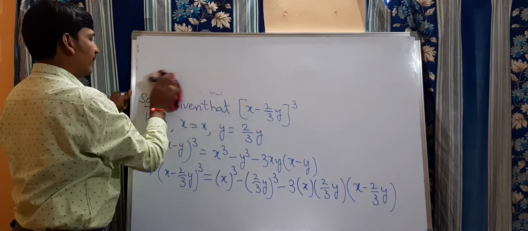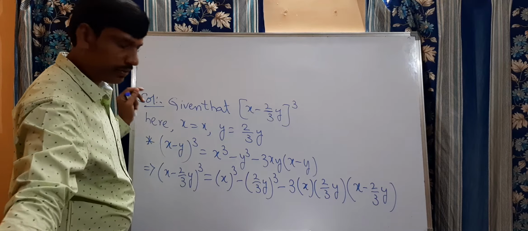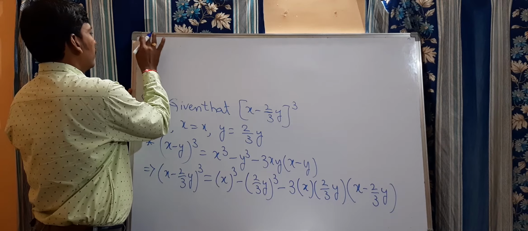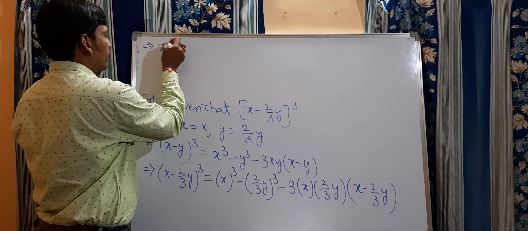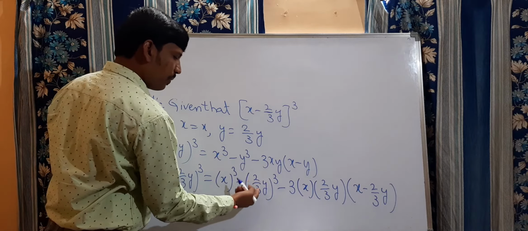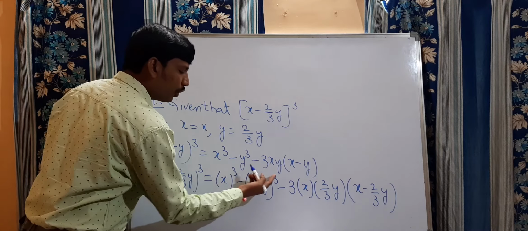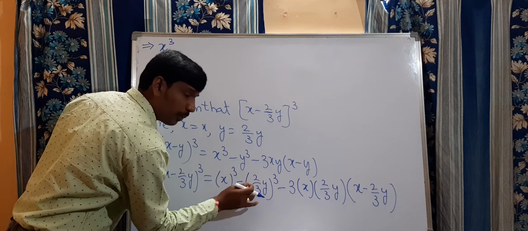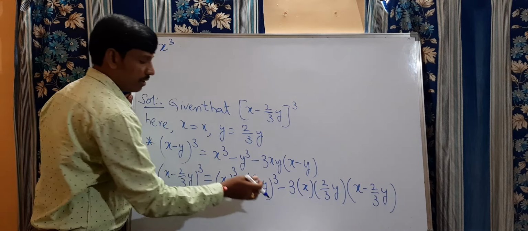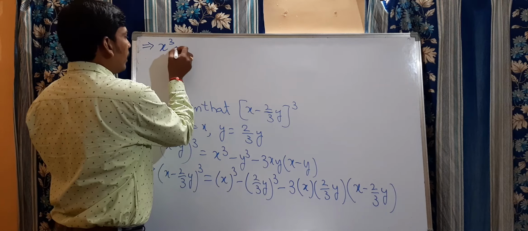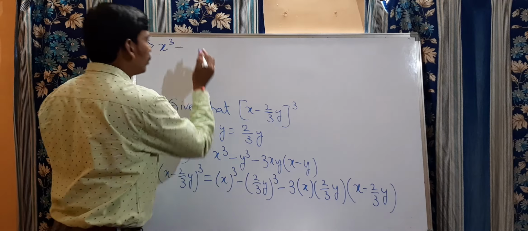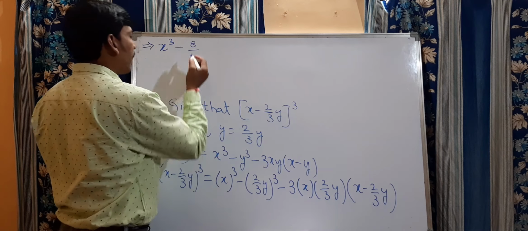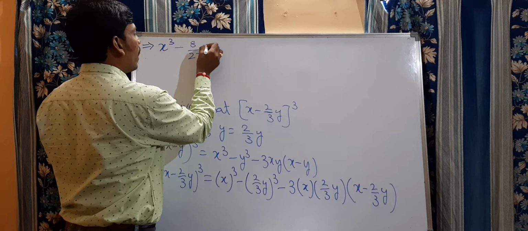Now to simplify the given, x cube is nothing but x cube only, minus (2/3 y) is nothing but 2 cube and 3 cube. See this here, cube is applied for both the numerical value and the variable y also. So here, minus 2 cube is 8 by 3 cube, that is 27 y cube.